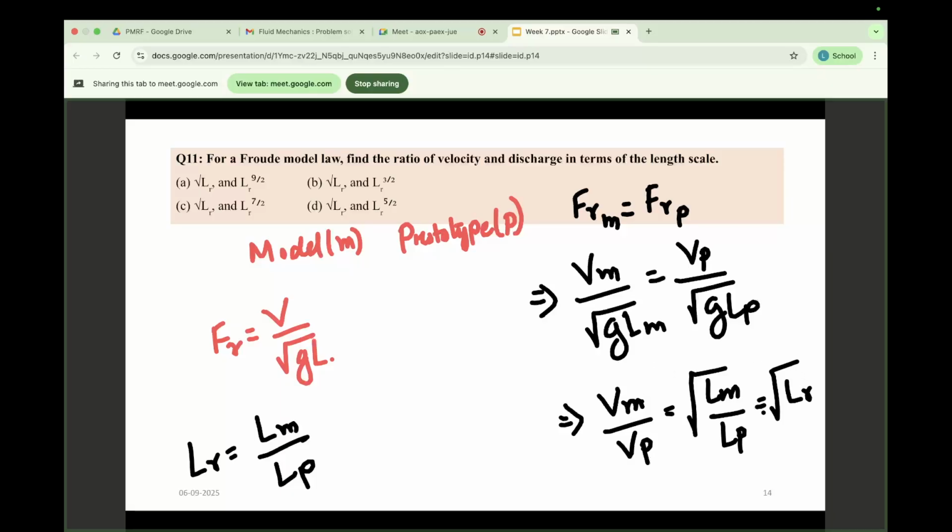So this velocity ratio Vr is basically Lr to the power half, or root Lr, whatever you want. So all these four options have this first thing correct. Now you have to check for Q, right?